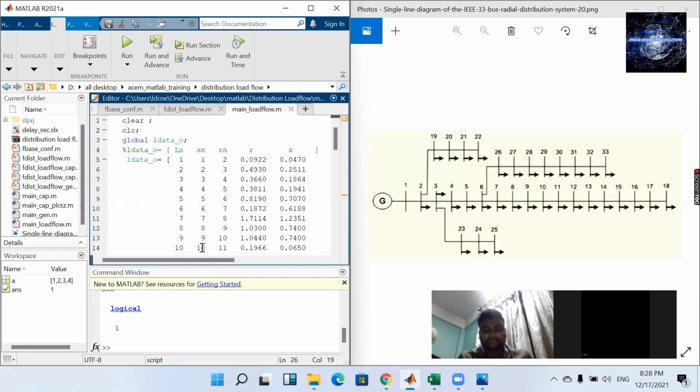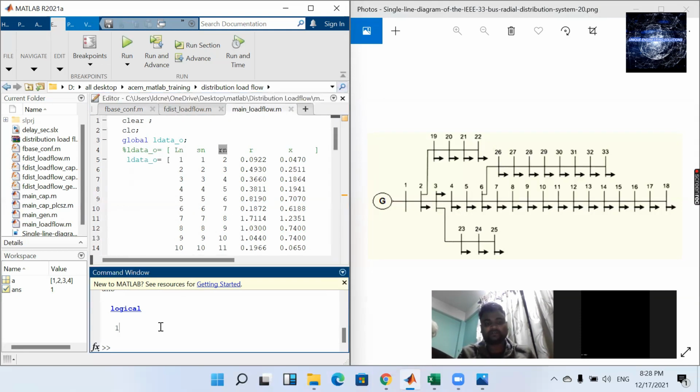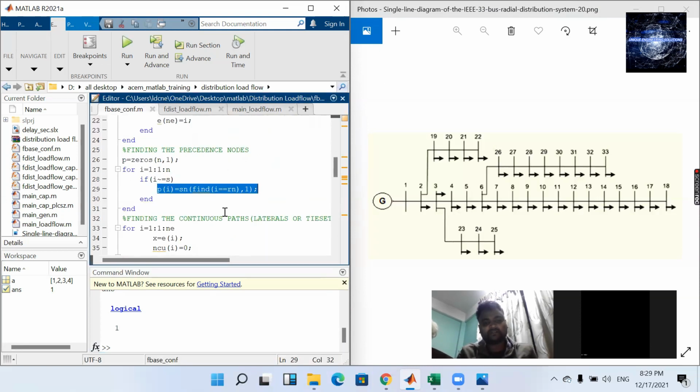The sending end vector array is not unique, but the array of receiving nodes is unique. Otherwise, radiality will not be maintained. Since Rn is unique, if i belongs to Rn, then i will be equal to only one member of Rn, because all are unique.